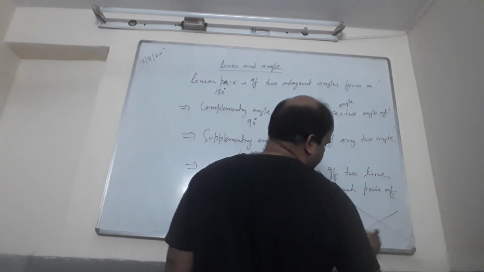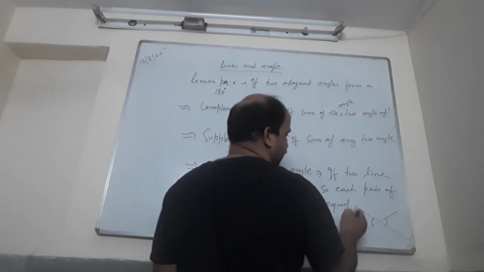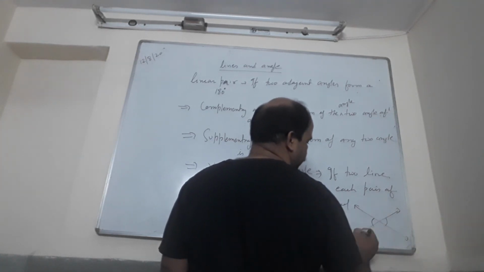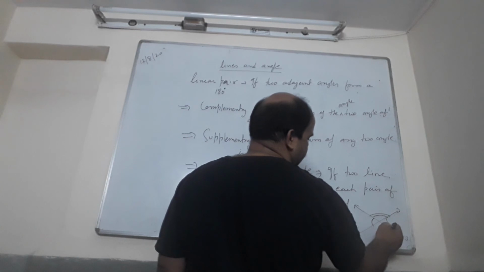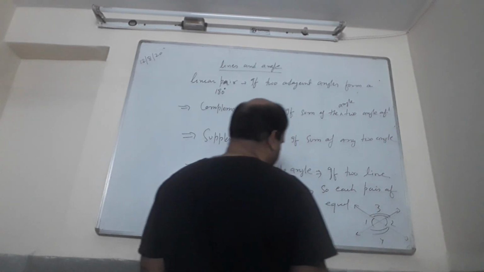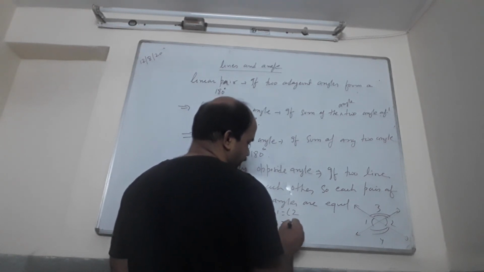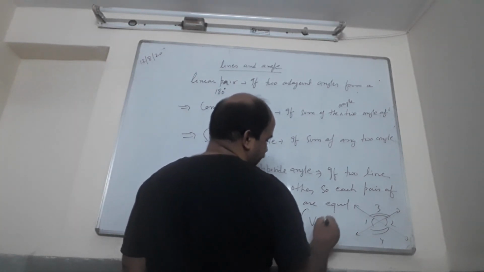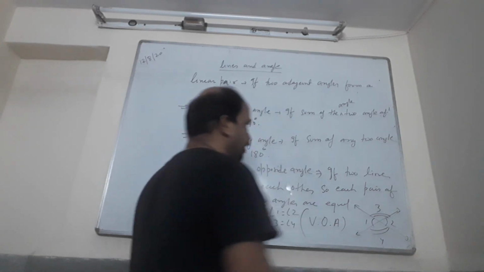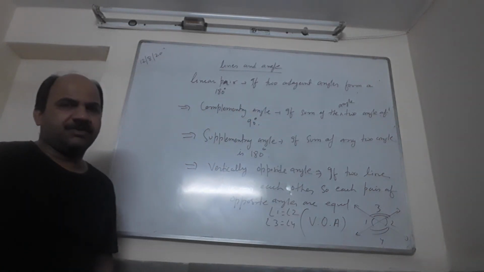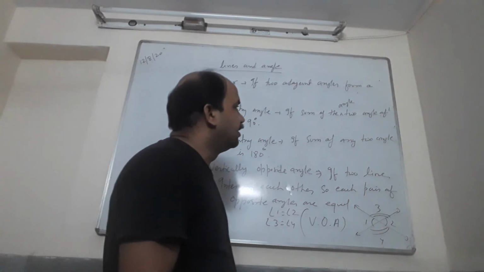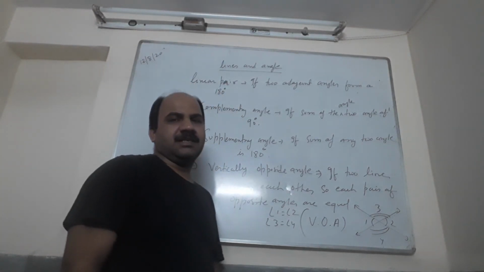For example, these two angles are equal and these two angles are equal. So we can write angle 1 equal to angle 2, angle 3 equal to angle 4 are vertically opposite angles. So all these basic properties we will use to find out the measure of the angle in the lesson lines and angles.